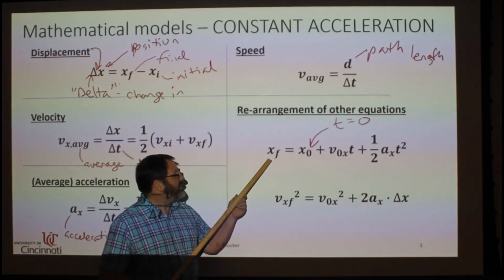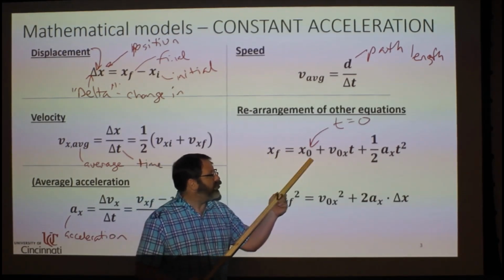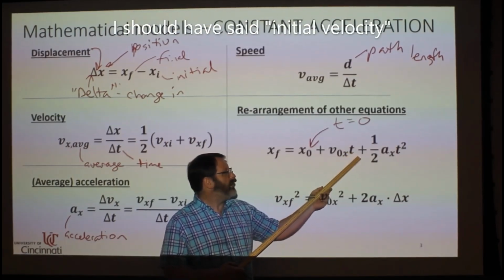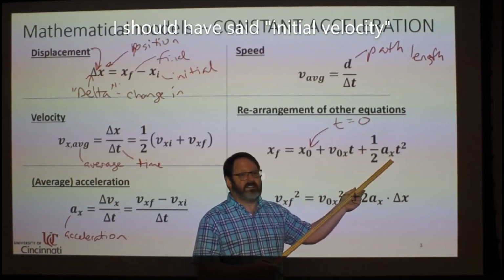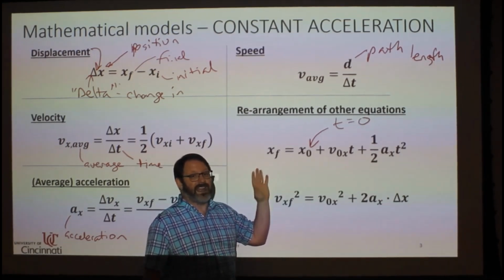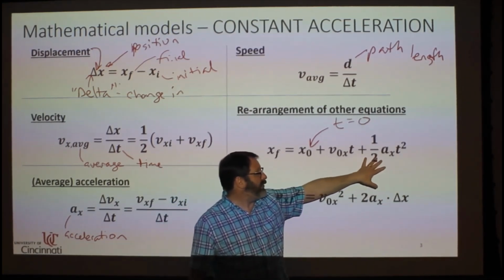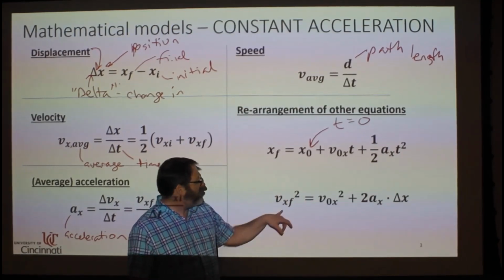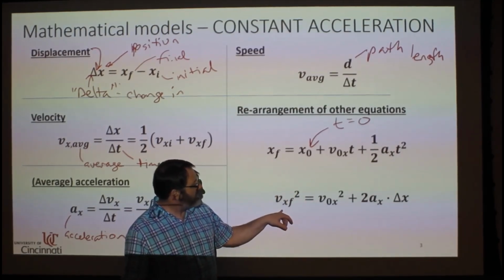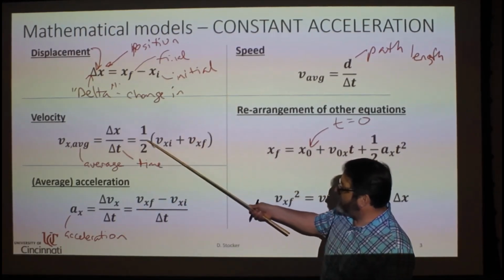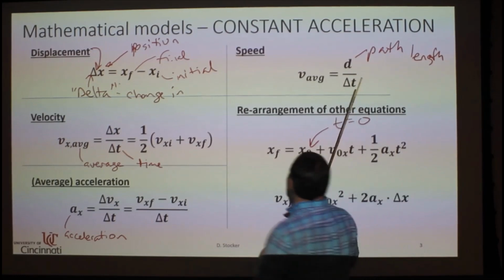So x final is wherever you started, x0, plus your average velocity times the time, plus 1/2 the average acceleration times the time squared. This will give you the position at any point in time t, whatever that final position will be after that t.